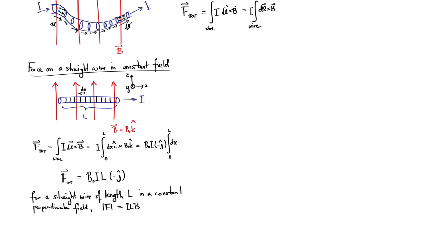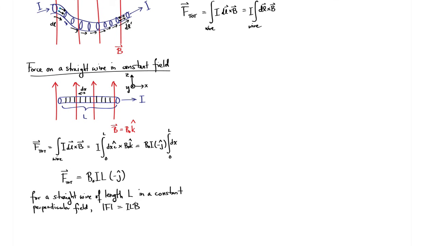Okay? Now, if it was in a constant but non-perpendicular field, so let's imagine instead of pointing straight up, it was sort of pointing diagonally, okay, so sort of like this. So let's say it had some x component as well as some z component. Then this form here would be a little bit more complicated.